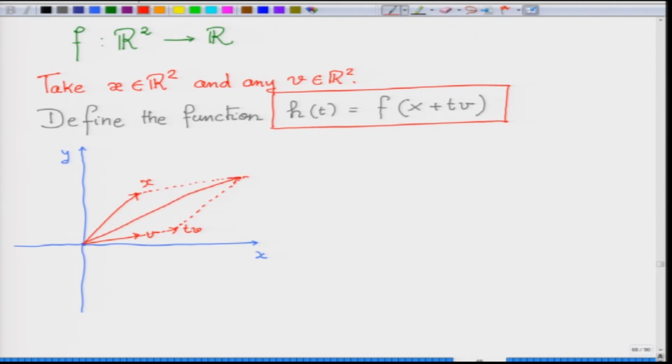This new vector is x plus t v. So, what I did is move from x along the direction of vector v, and have moved the distance t v away from x, that is the meaning. Essentially if I take t to be negative, I can come in this direction.